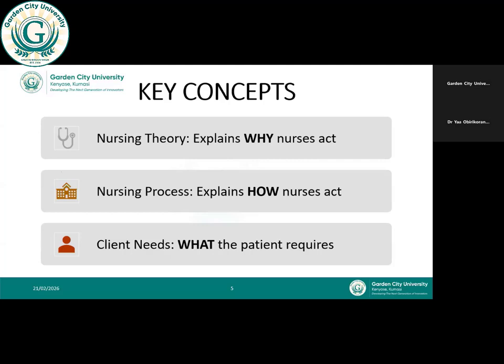So you are assessing the patients, like Ima said earlier, ADPIE. You assess the patient, you diagnose, you plan the patient's care, you implement, and then you evaluate the care. Now, it's a whole process, a cyclical process.